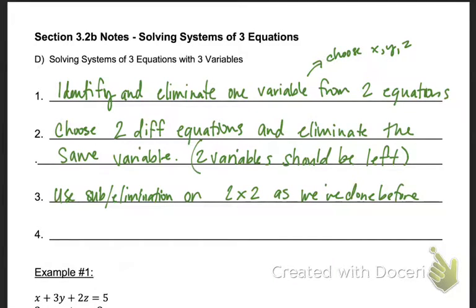And then substitute y and z back into the original to solve for the last or eliminated variable.